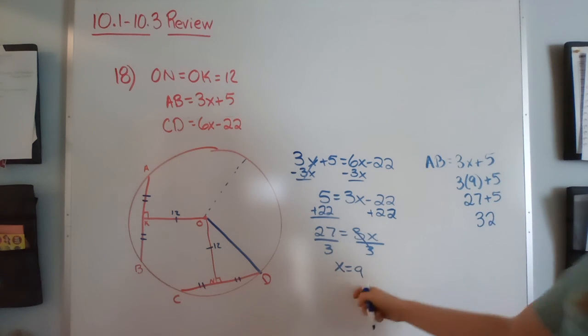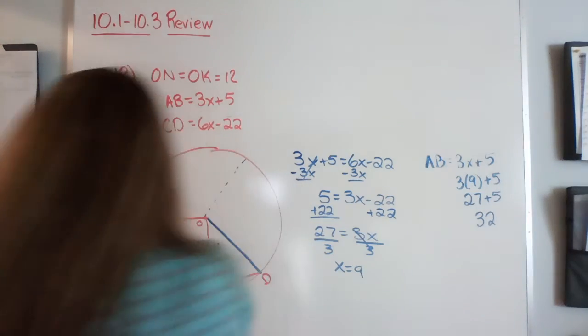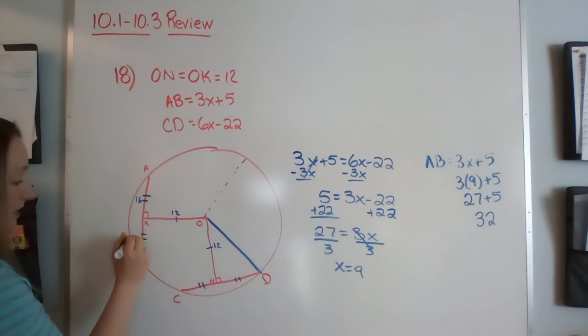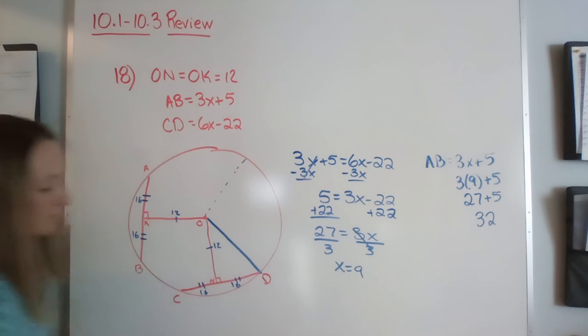Now, I can plug in 9 here, and it will also give me 32. Okay, so if this segment AB is 32, and this segment CD is 32, what's the length of just AK? And what's the length of KB? Well, you're going to take 32 and divide by 2 to get 16, 16, 16, 16.